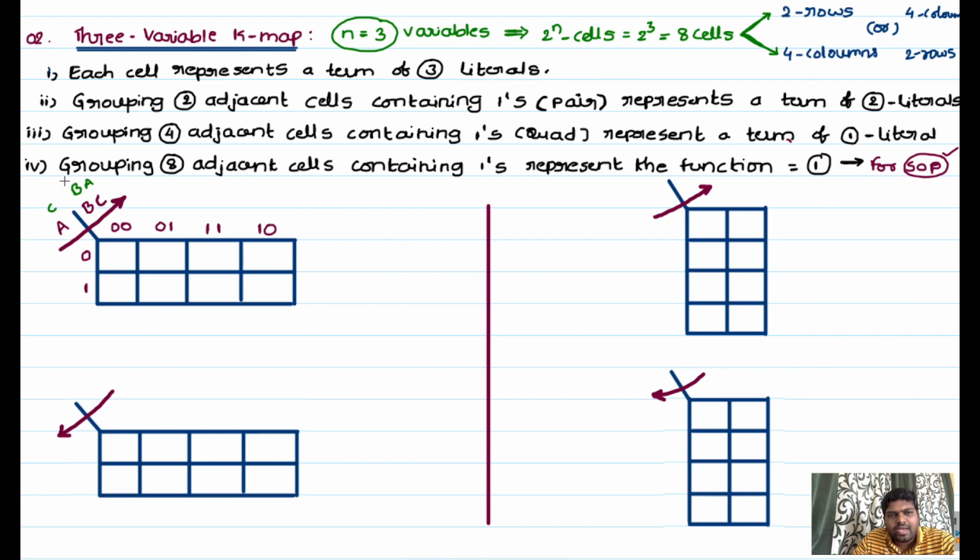Otherwise, if you want to take B A C, no problem. But while you are writing the expression, you should consider the order of the function. In the question they are providing f of A B C, this is your order, so you should provide your expression in this order only. First you take variable A, after that B, after that C. Like that you provide the boolean expression.